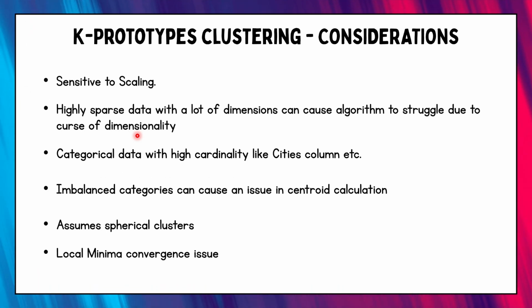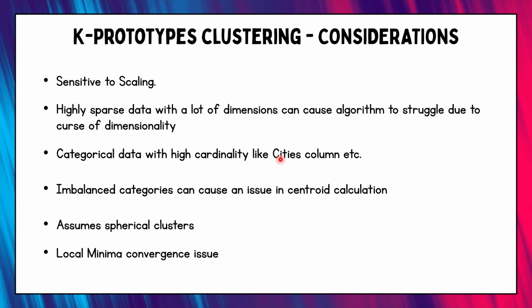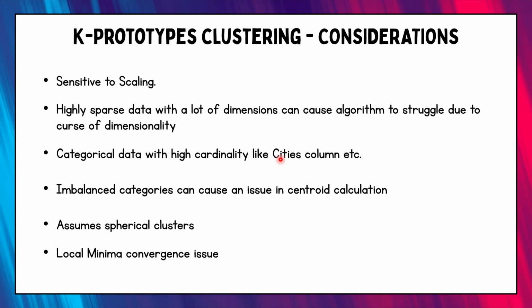Third is categorical data with high cardinality, like cities and pin codes, stuff like that. So our K-prototypes can handle categorical data, but it will face problems when dealing with high cardinality. High cardinality basically means a lot of unique values in our categorical column.